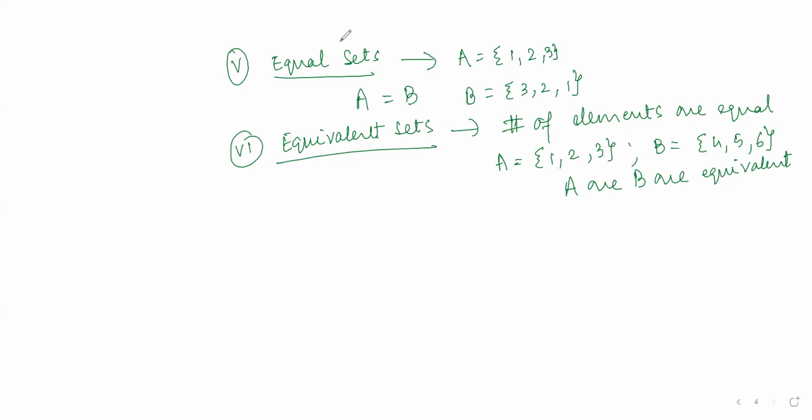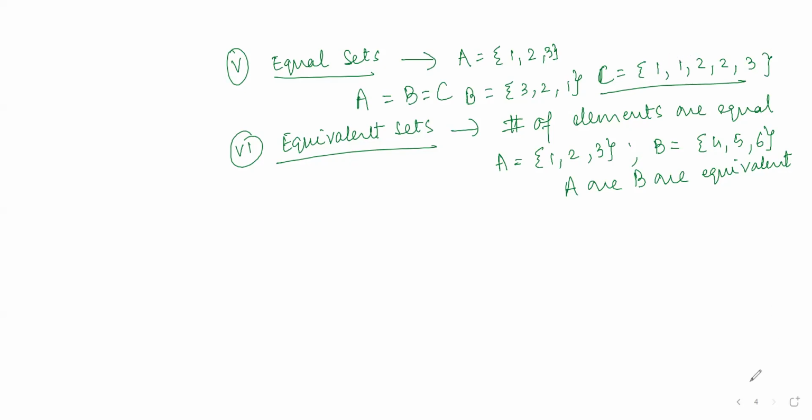Yes, 1, 2, 3 will be the same as 1, 2, 3, 3, if I put 3 two times. Like A and B are the same, and C is also the same, like 1, 1, 2, 2, 3, it's also equal to C. I am repeating one.